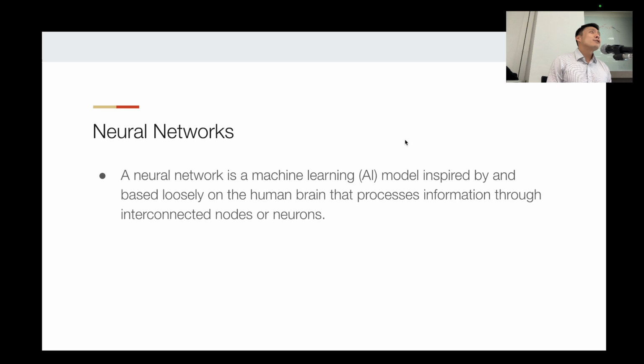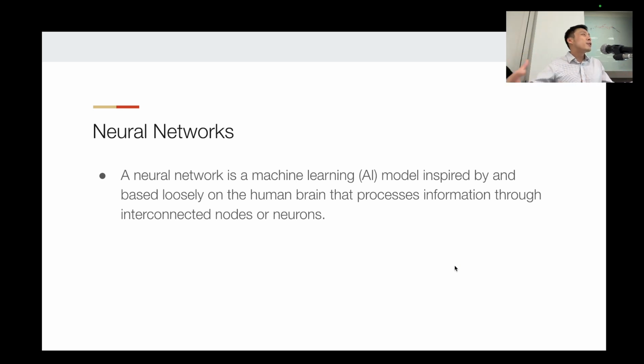So neural networks actually have a very beautiful history, dating back to the 1950s, before we had really good computers to train them. It was just a theoretical model, loosely based on the human brain. It was just inspired by the idea that the human brain works like this.